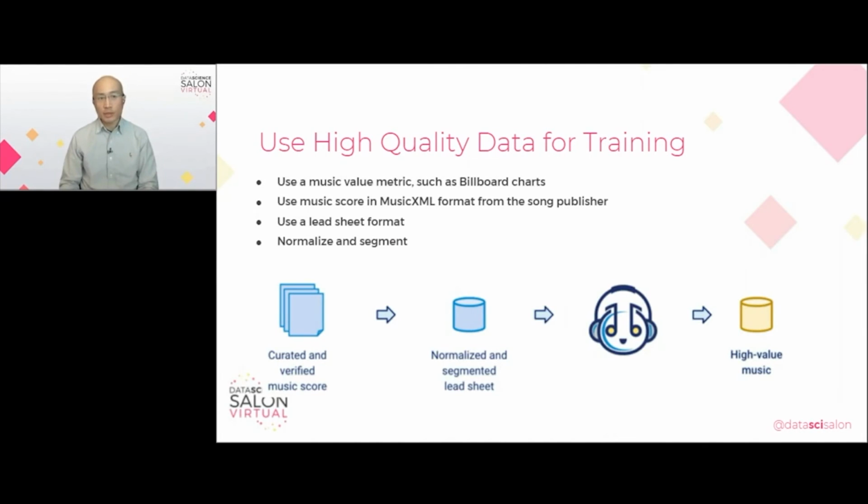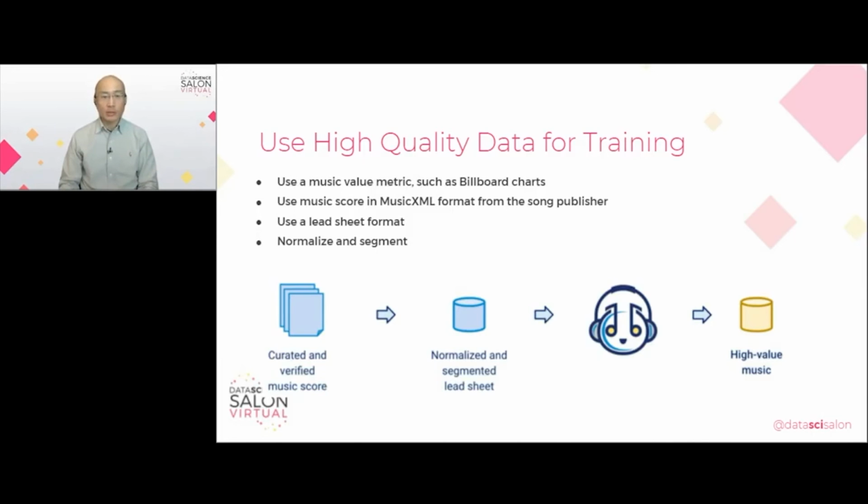The first thing we can do is we can try to use the highest quality data for training our AI. So we can start with curated and verified music scores. For the curation process, you can use some kind of music value metric, such as the Billboard charts. And for the verified music scores, you can try to use music scores from the song publishers instead of MIDI files by unknown authors.